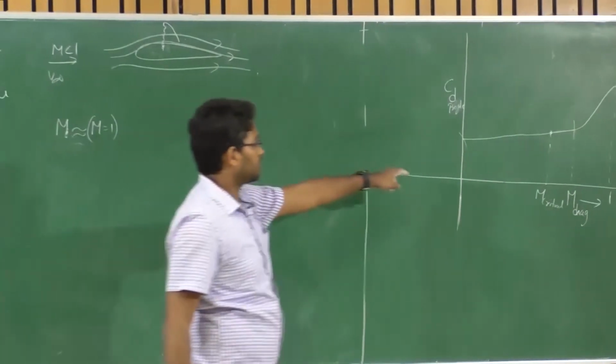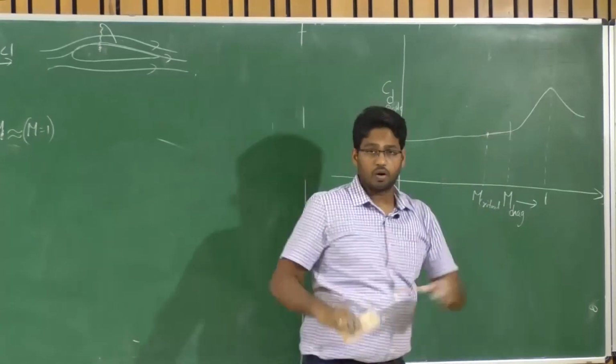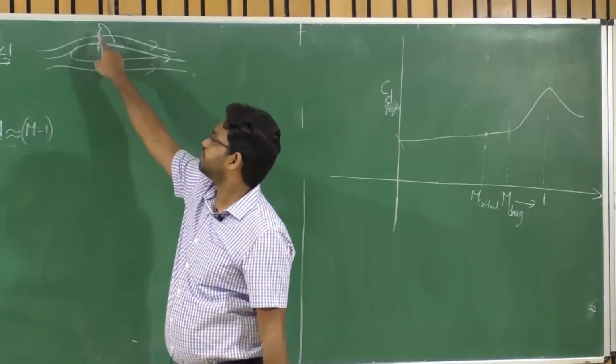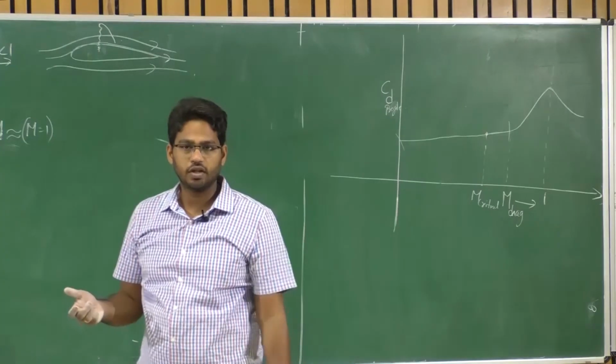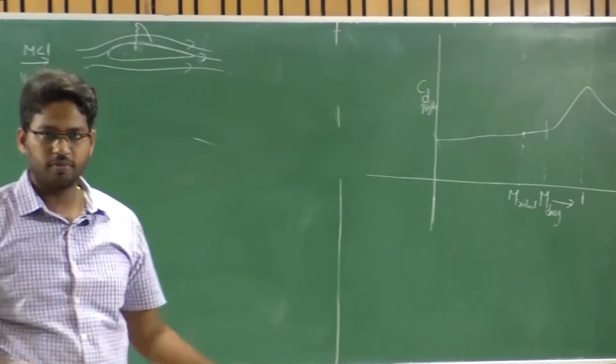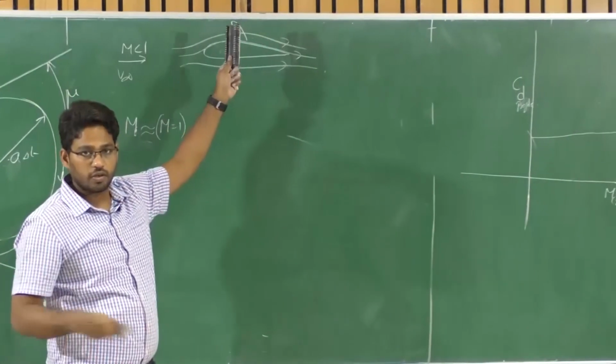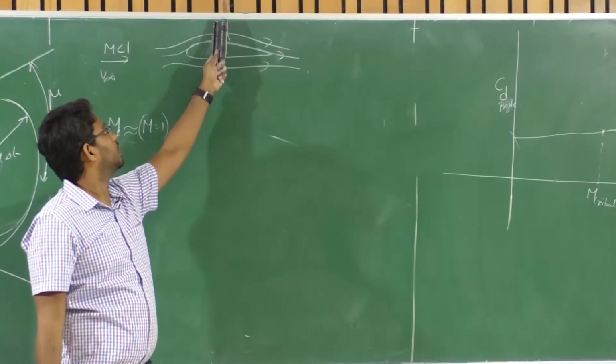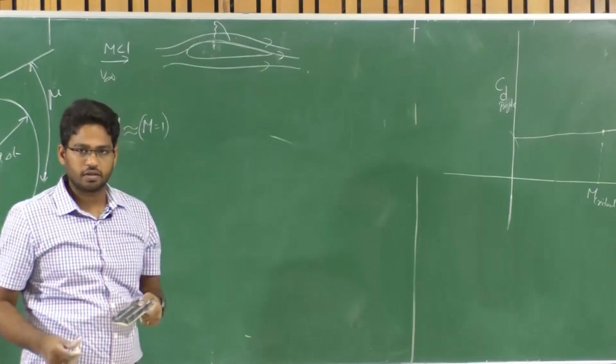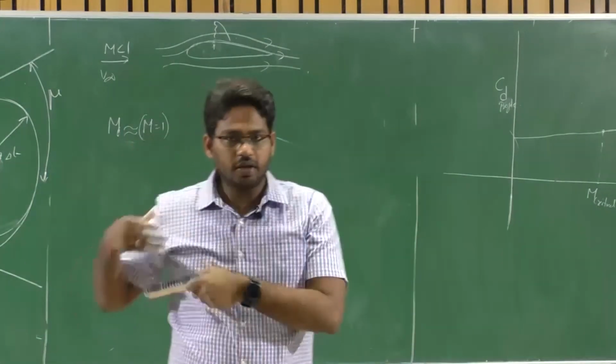Why? Because as soon as you see the critical Mach number on the surface of the wing, you see higher speeds. Critical Mach number corresponds to sonic speed on the surface of the wing, and that will create a shock wave, which will increase the drag. So the aim is to reduce that drag.